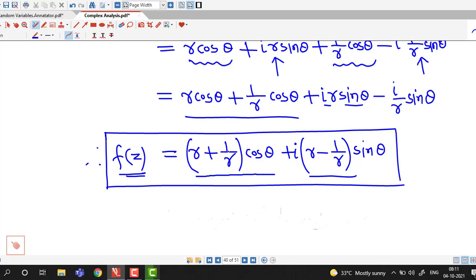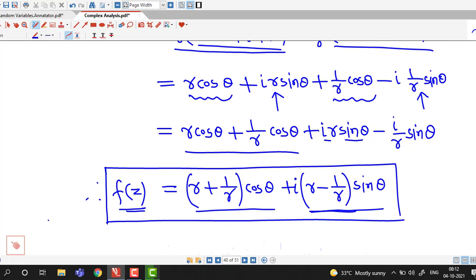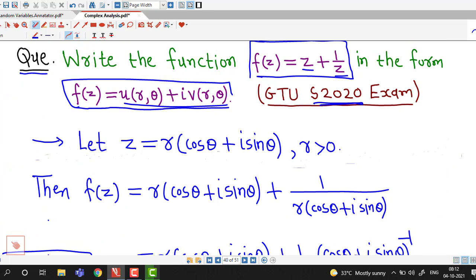Here (r plus 1 by r) cos theta is the real part of f of z, and (r minus 1 by r) sin theta is the imaginary part of f of z. So in this way you can write down f of z in terms of r and theta.